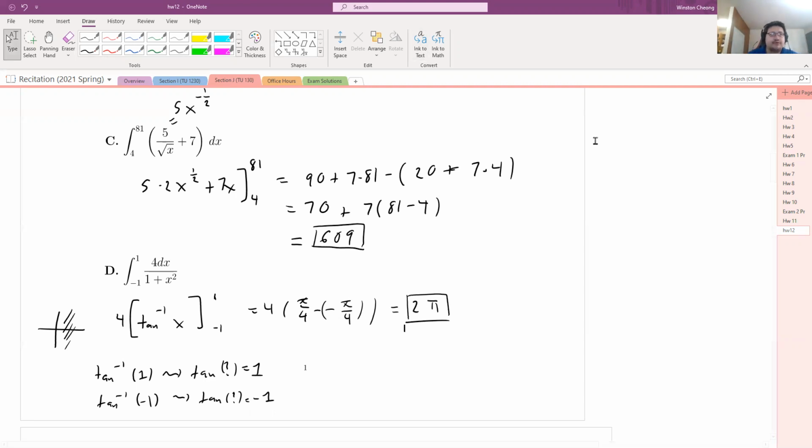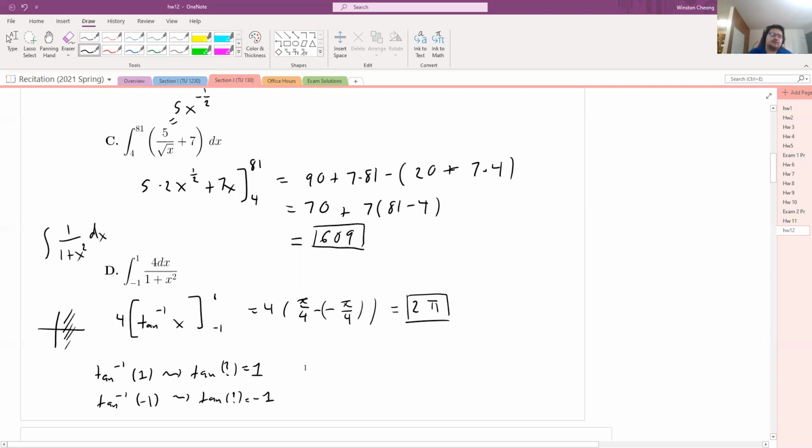Okay, are there any questions so far? So can you explain how you went from that to inverse tangent? Okay, so when you split off the 4, the integral you end up with, you can write it like this.